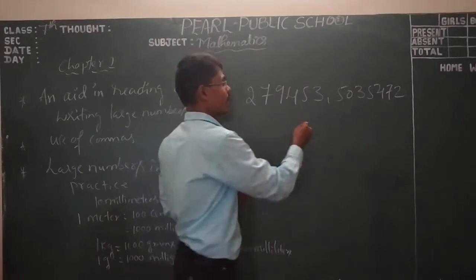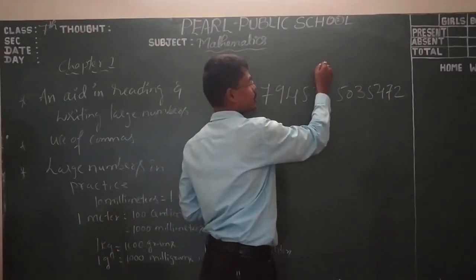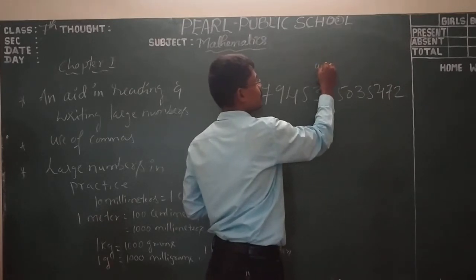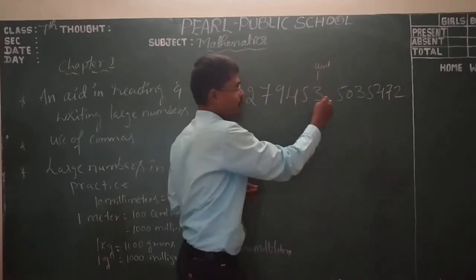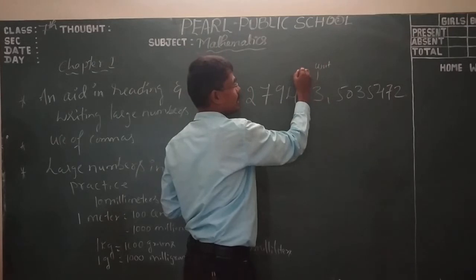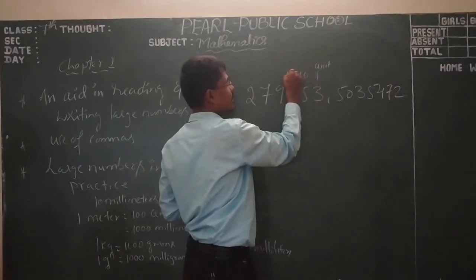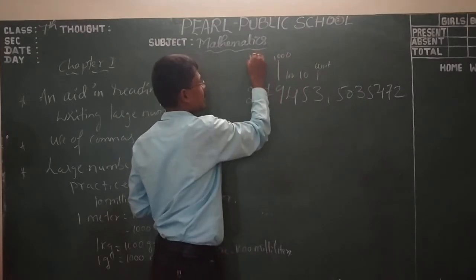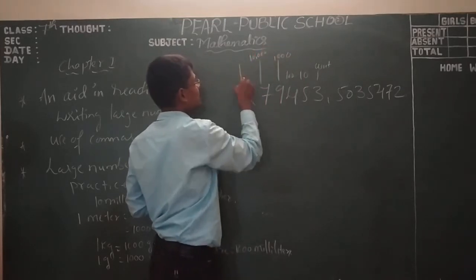Now I am going to take this as a unit place, or we call it a zero position. This is unit place or unit digit place, and this is tenth, and this is 100, and this is 1000, and this is 10,000, and this is lakh.